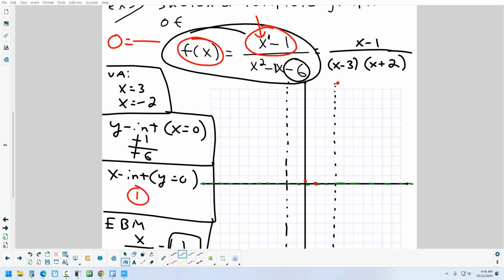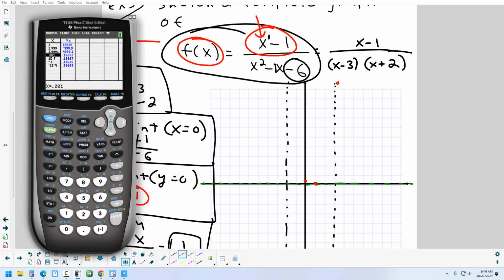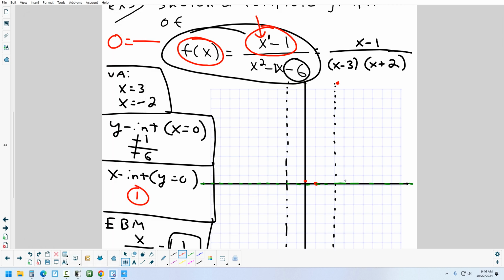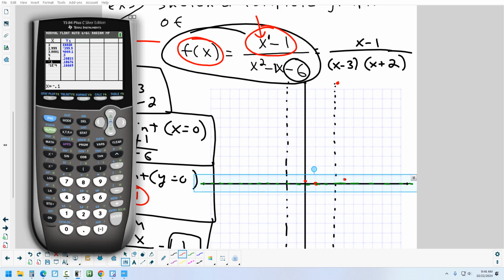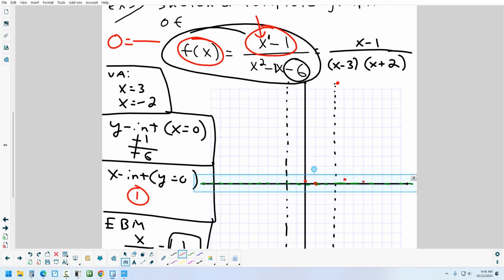And while we're in that section, let's check like 2 more points. Let's do 4, and let's do 6, just to get 2 more dots over there. So at 4, I'm at a half. And when I'm at 6, I'm even lower. I'm at 0.2. So basically right there.